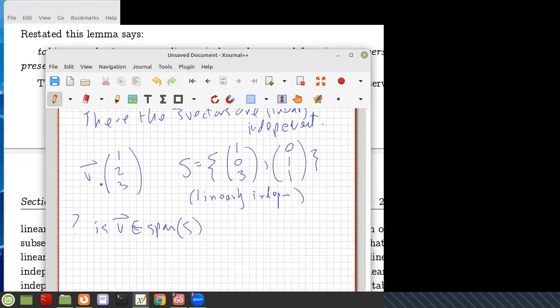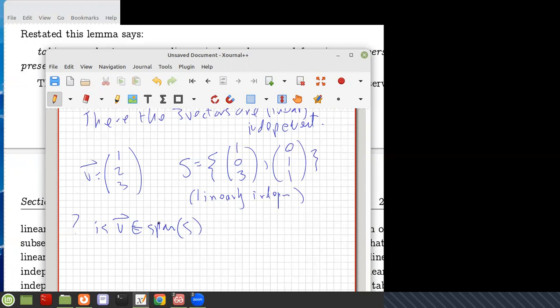If V is inside the span of S, then if I added V to S, I would have a linearly dependent set. But if it's linearly independent, then I could add it and have a bigger set, a bigger span. So this question of whether V is in the span of S is relevant to trying to make a larger set of vectors.